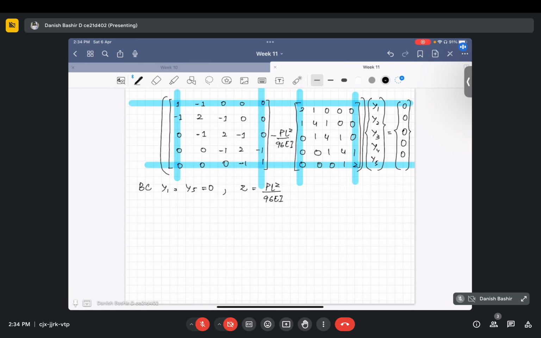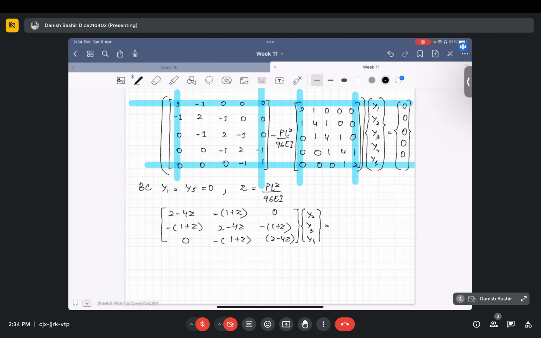Once I do all these substitutions, I will get a reduced system like this: 2 minus 4z, minus 1 plus z, 0; then minus 1 plus z, 2 minus 4z, minus 1 plus z; then 0, minus 1 plus z, and 2 minus 4z, times y2, y3, y4.